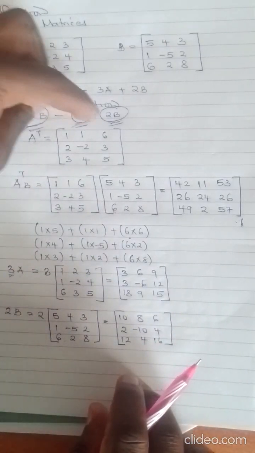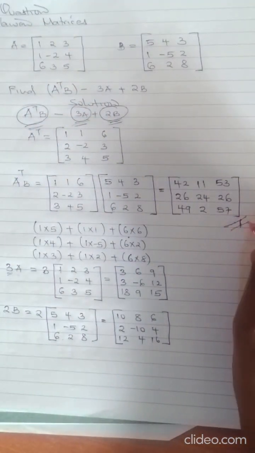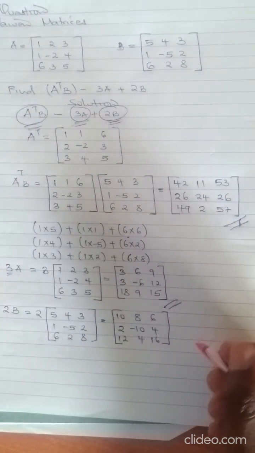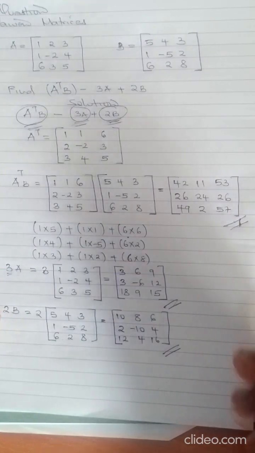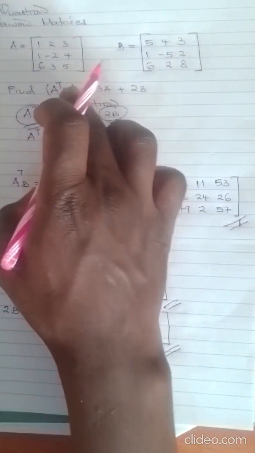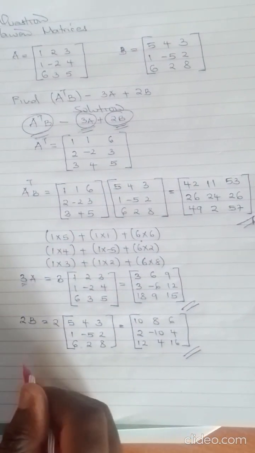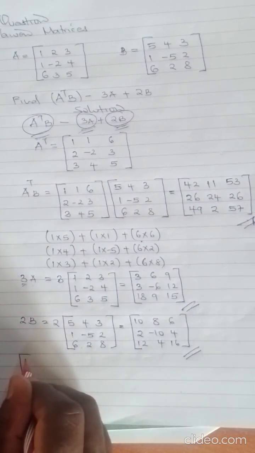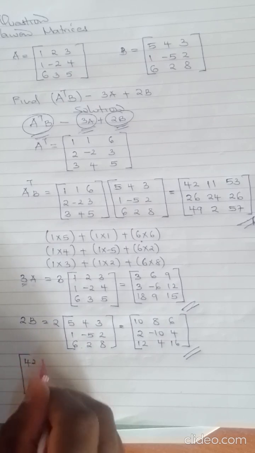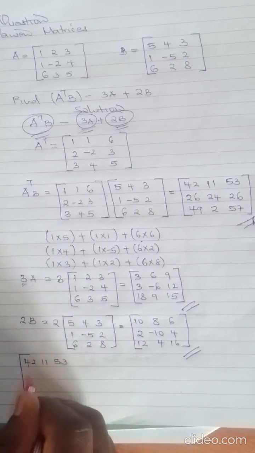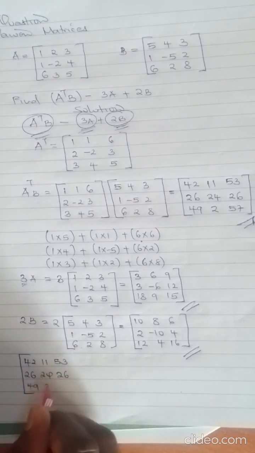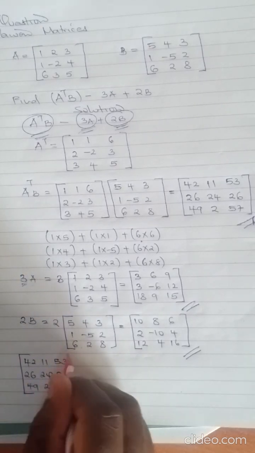Now we have found the independent elements of A transpose B, 3A and 2B. When we look at our question, it is A transpose B, which is 42, 11, 53, 26, 24, 26, 49, 2, 57.